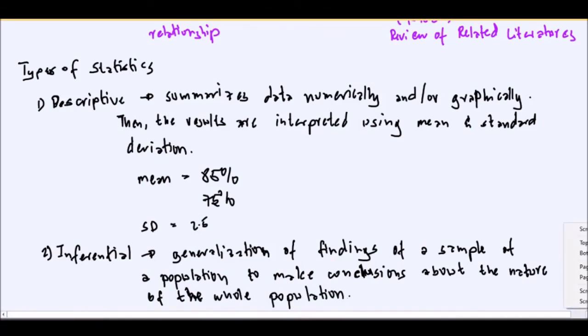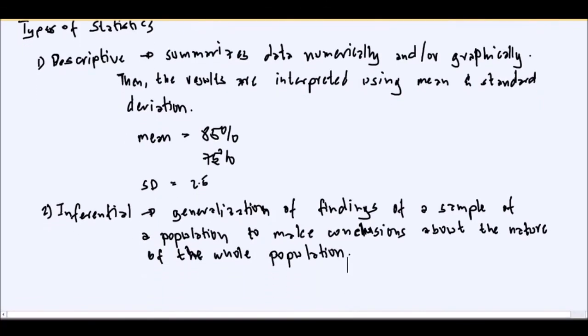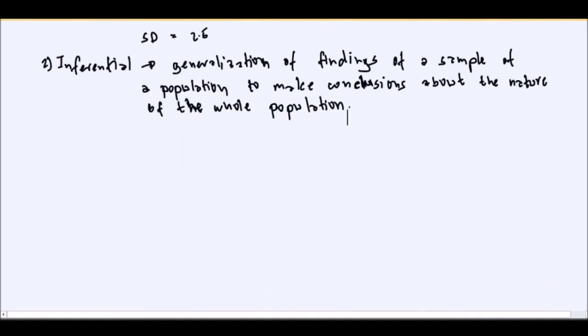So basically, you have findings from a certain sample of a population. For example, we have 1,000 respondents out of, let's say, 1 million.